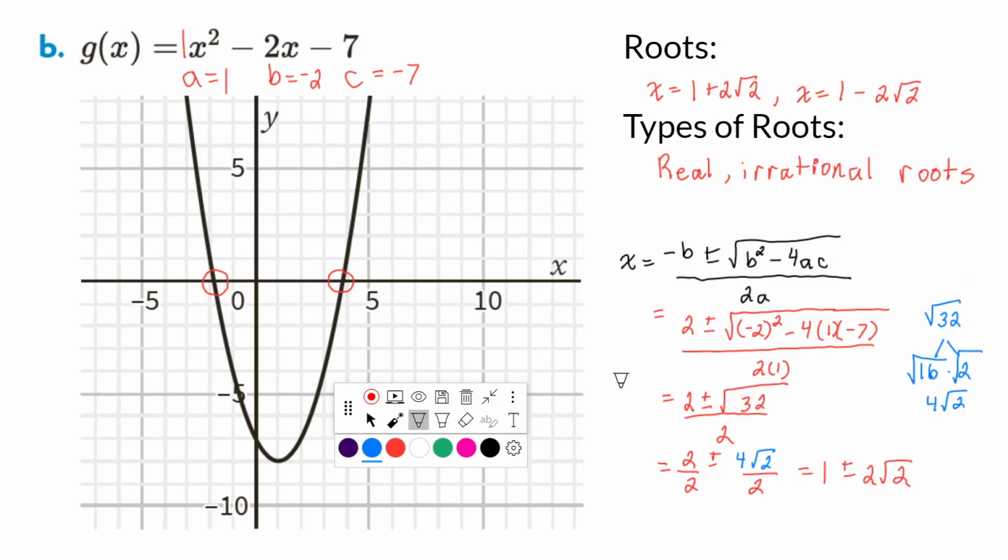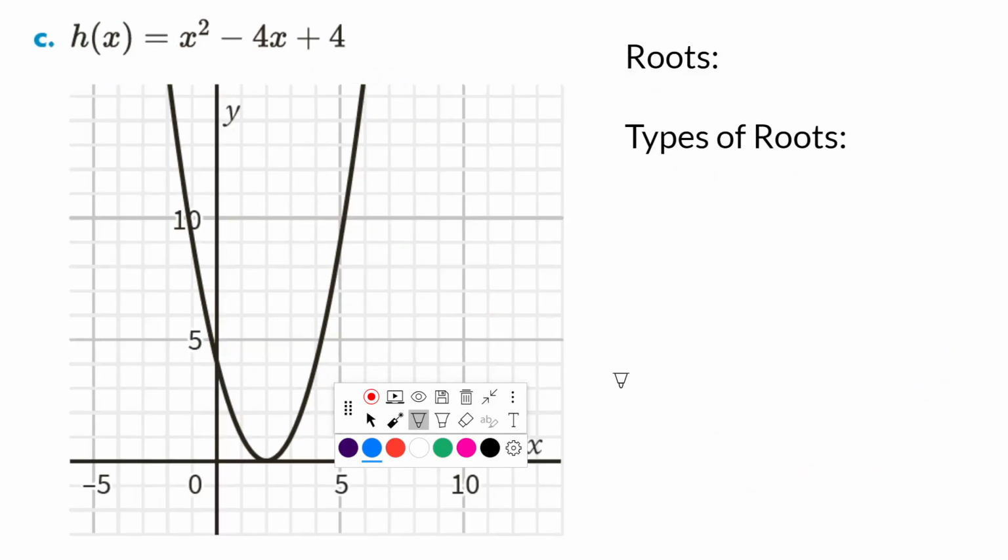So let's take a look at our third graph. Here we see that we only have one x-intercept. Now we've talked a little about the fundamental theorem of algebra, and that states that a polynomial of degree n will have n roots. Well, a quadratic is a degree 2 polynomial, so we should have 2 roots. Because I have an x-intercept, I have a fairly good indication that this will factor.